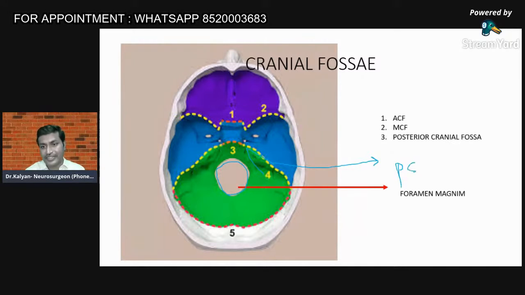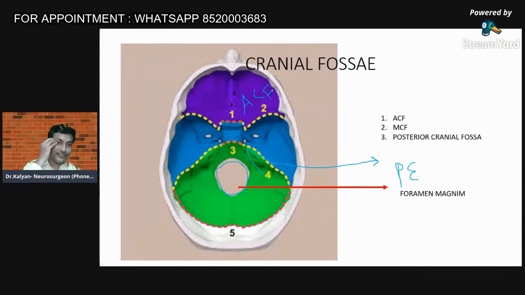What is the petrous bone? It is the bone in which your ear is present. The region behind your ear is the posterior cranial fossa. The one in front of your ear is the middle cranial fossa. The one present anterior-most is the anterior cranial fossa, which is present above your eyes.